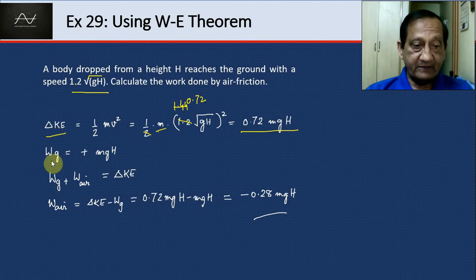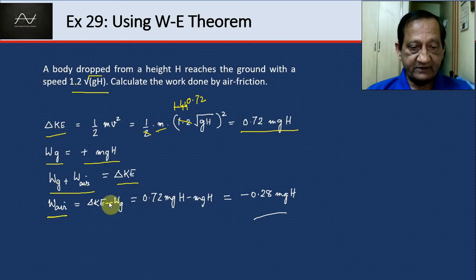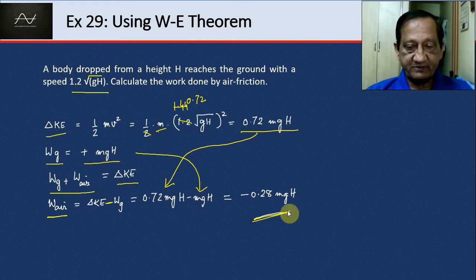Work done by gravity is plus mgh. Work done by both gravity and air resistance is the change in K. Therefore, the work done by the air resistance is change in K minus the work done by gravity. That is the change in K, and the work done by gravity is this much, so minus. Obviously, it should be minus, right?